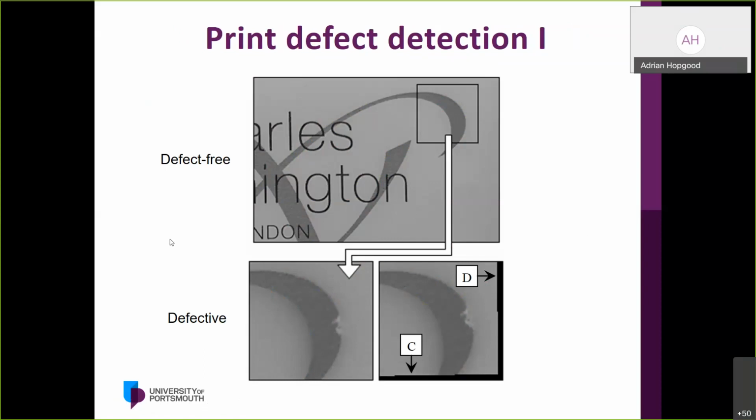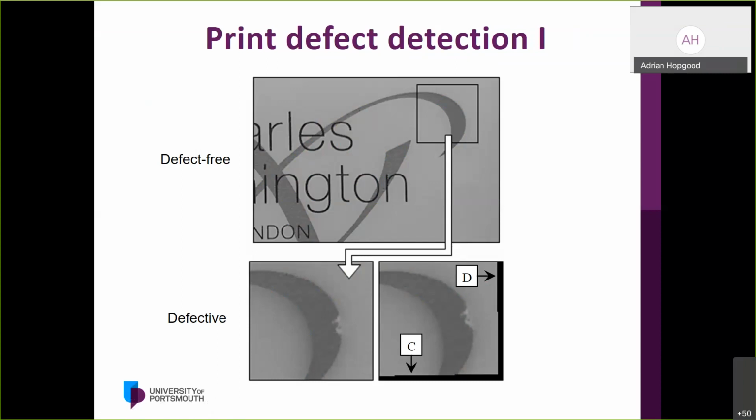And the company thought that what they could do in principle was simply have a perfect template image and subtract that from a live video feed of images of printed bottles coming off the production line. Subtract one from the other. If there's a difference between them, that means a defect, which is fine in principle, but it ignores the problem of image registration.